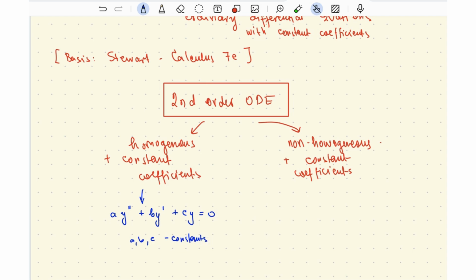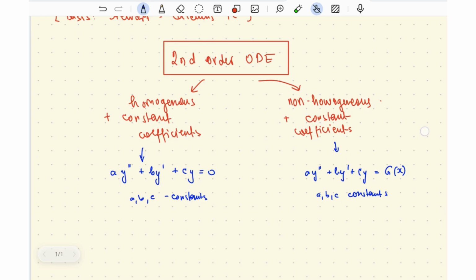In the non-homogeneous case we have the same thing on the left side, but on the right side there is some function g of x, again a, b, c constants. Let's call this one, and let's call this two.